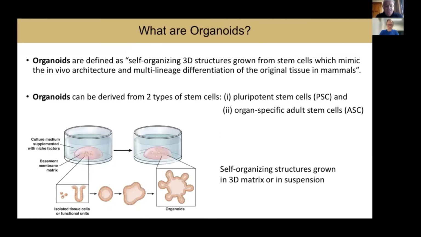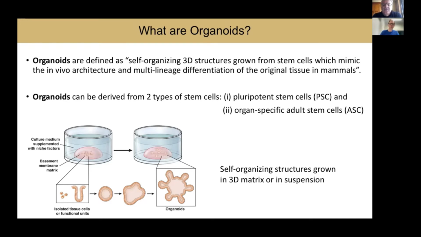So what are organoids? These are self-organizing structures, and they really come from stem cells, and they try to replicate the in vivo architecture and differentiation into different cell types.